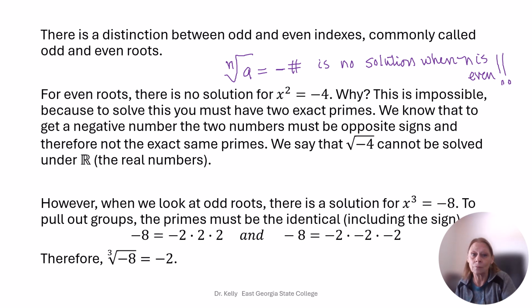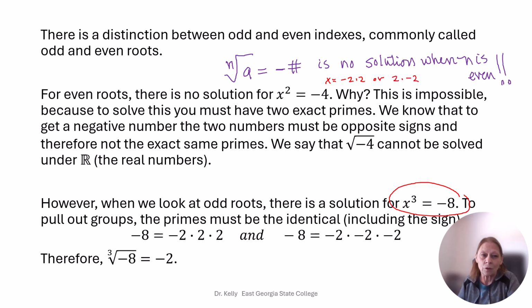that's different, right? And here's my example here. X cubed is equal to -8. Now, when we had x squared equal to -4, we only had -2 times 2 or 2 times -2.